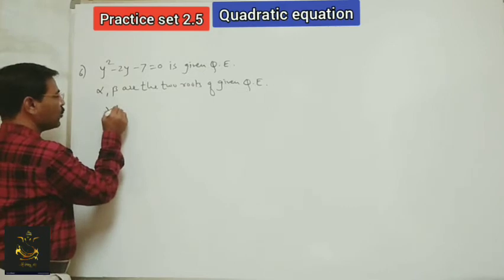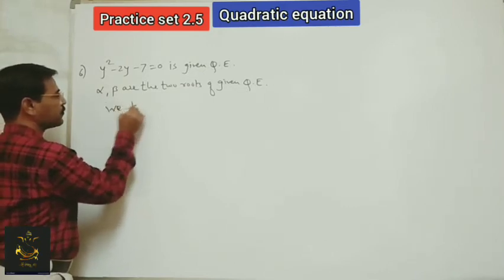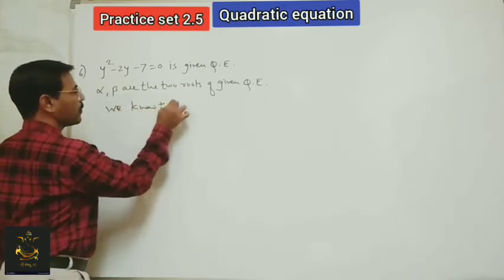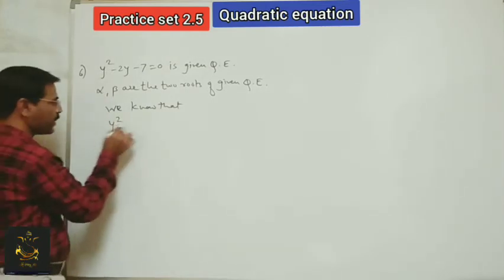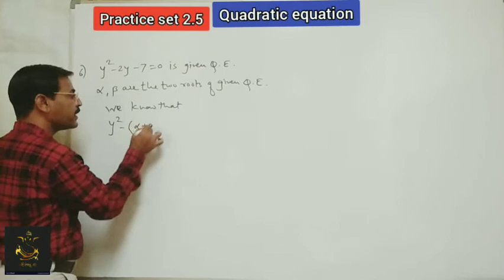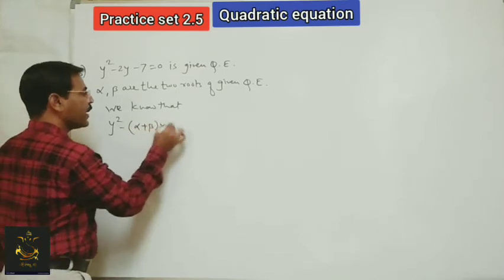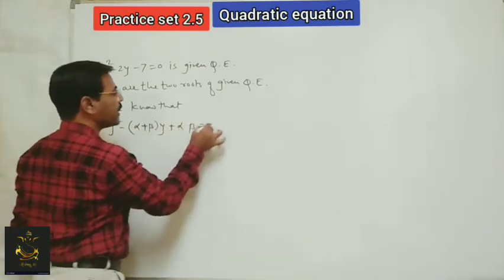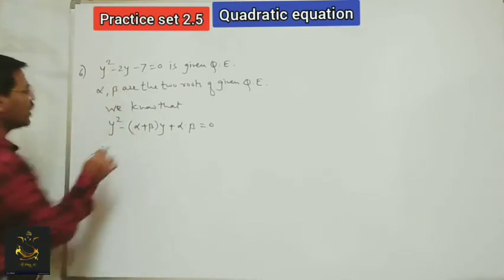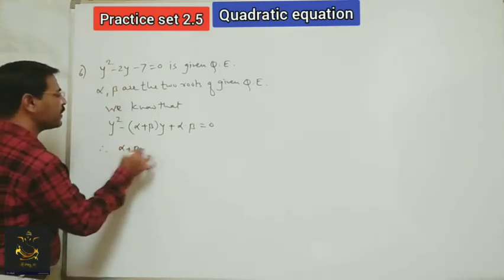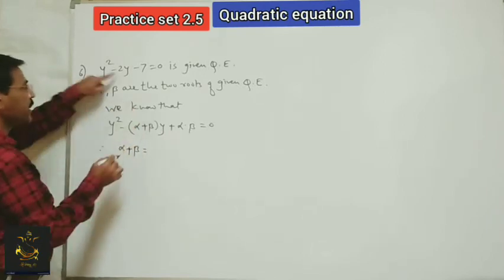Now see here, we can compare this one with our standard form. What do we know here? Here y is there, so we'll write in the form of y: y square minus (alpha plus beta) into y plus alpha beta equal to 0. Look friends, straight away we can write here, what about alpha plus beta? Yes, here it is only 2.